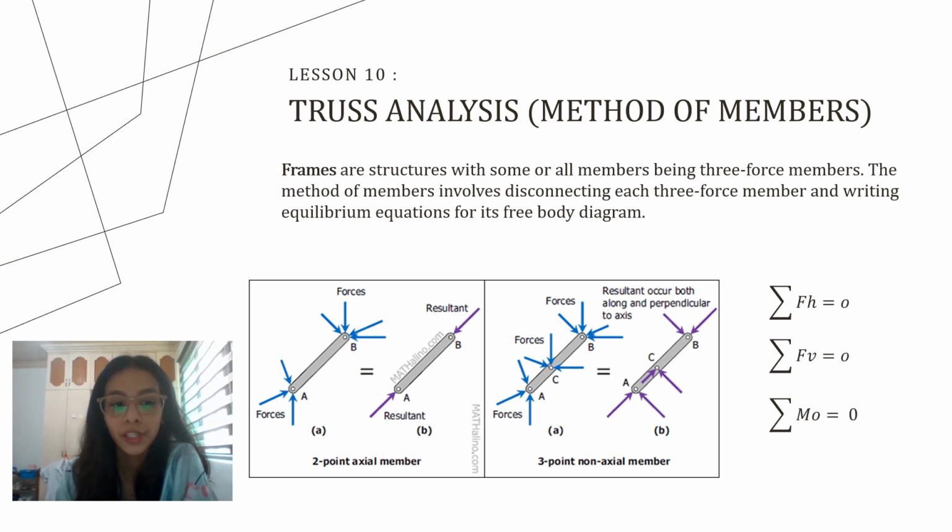So our summation of F horizontal is equal to 0, our summation of F vertical is equal to 0, and our summation of moment is equal to 0.